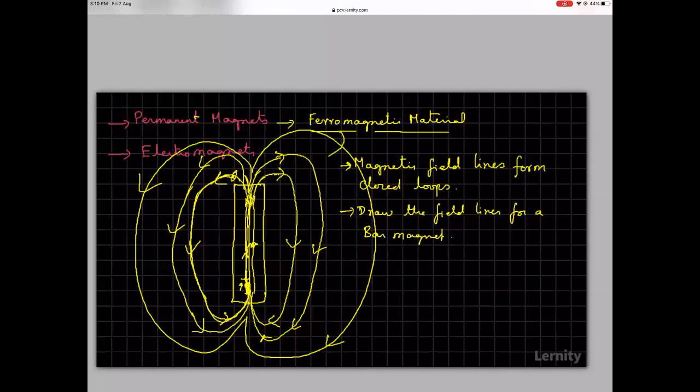They may ask you to write down three properties of magnetic field lines. The first property is they form closed loops. Then the standard thing, two field lines cannot intersect.